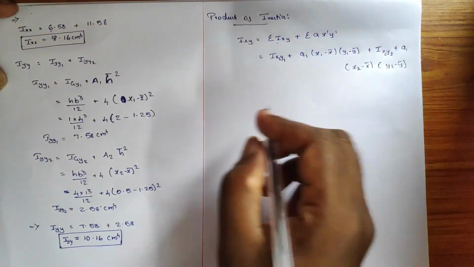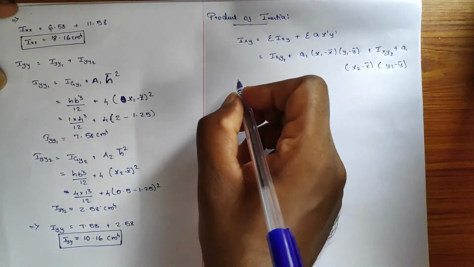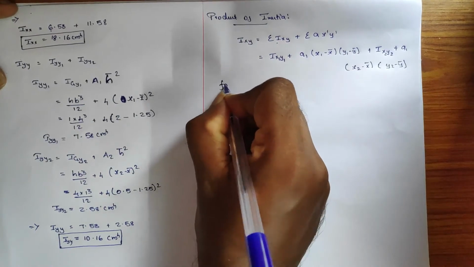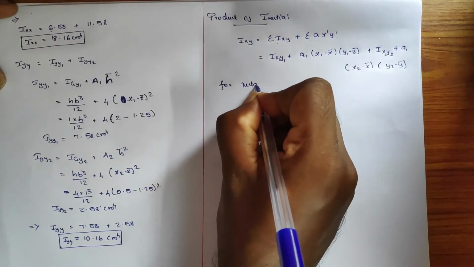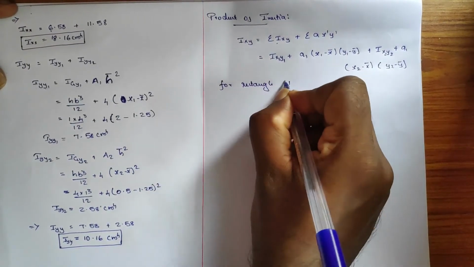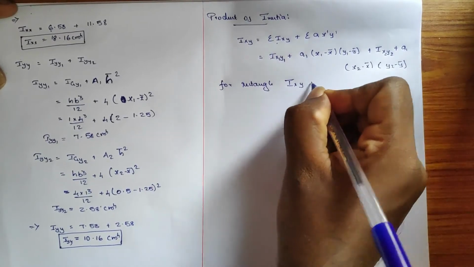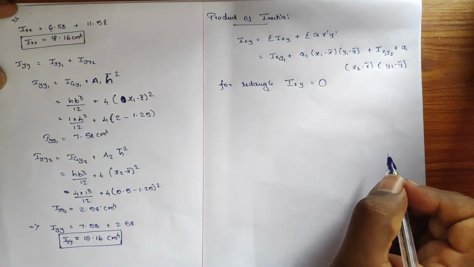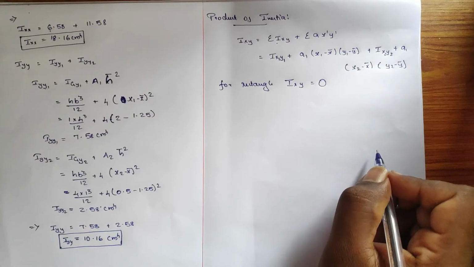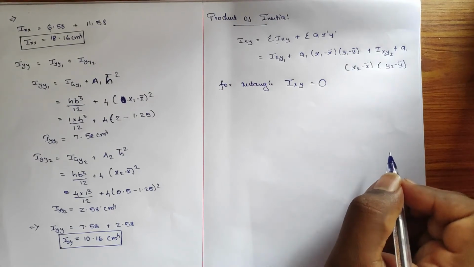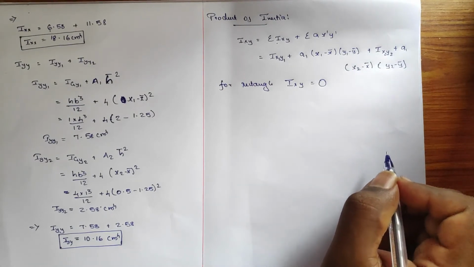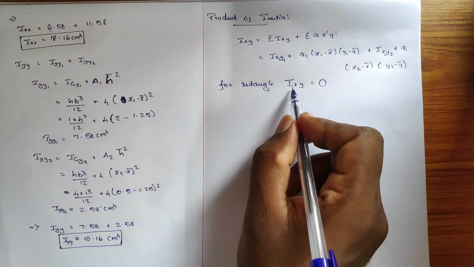Okay, so for the rectangle, the product of inertia is equal to 0. If you have a symmetrical object, that means symmetrical about the X-axis or Y-axis, then the product of inertia is 0.